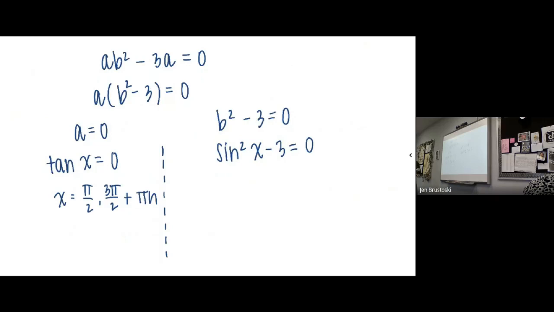All right, then for sine squared minus 3 equals 0, let's add 3 to both sides. So I have sine squared x equals 3. And then when I take the square root, I get sine of x equals plus or minus radical 3.